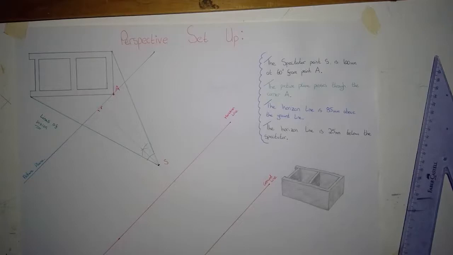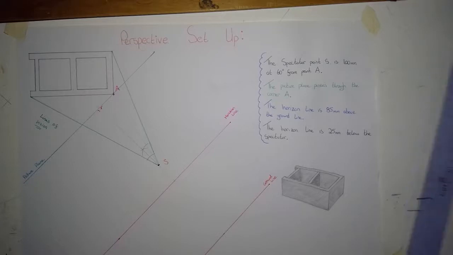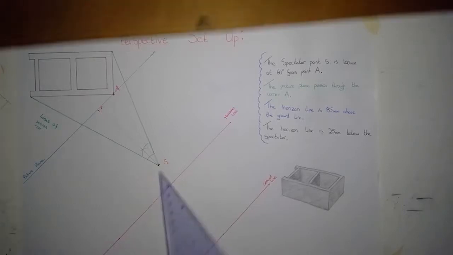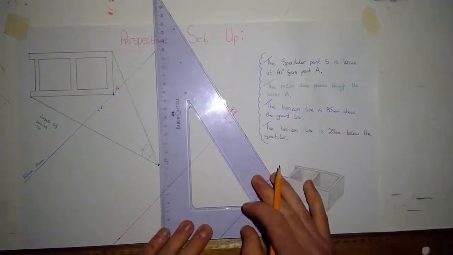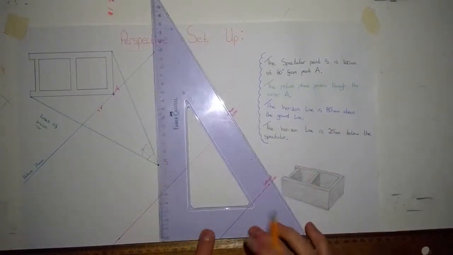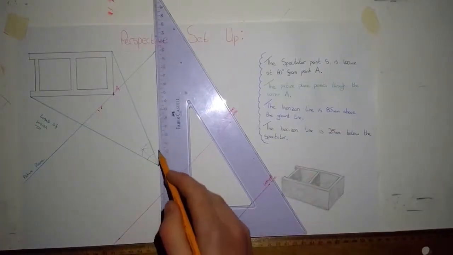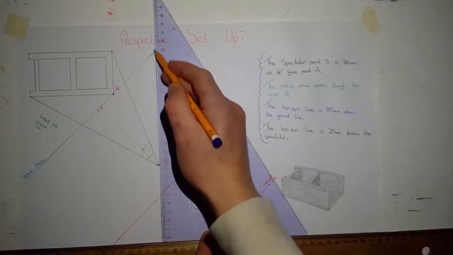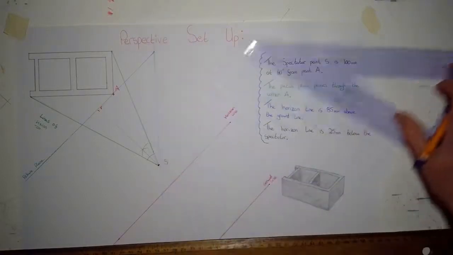Okay. The next thing we're going to find before I finish this video is these vanishing points. And how we find these vanishing points is quite simple. From the spectator, or point S, we're going to draw a line with our set squares vertical until we hit, or intersect, the picture plane.